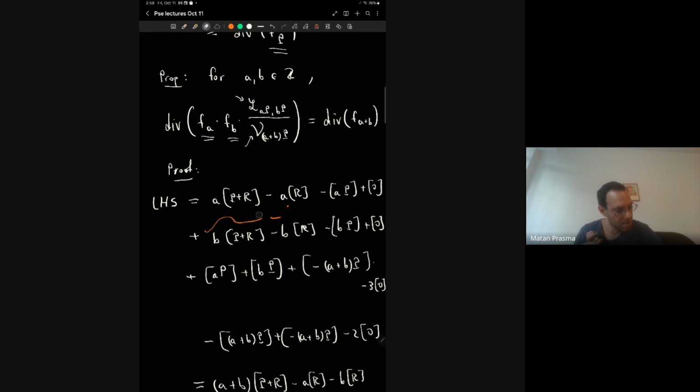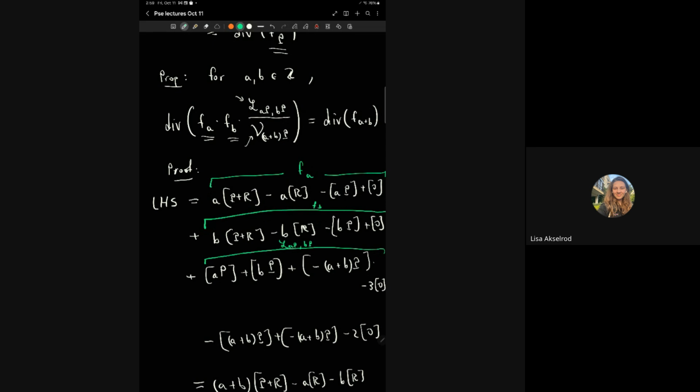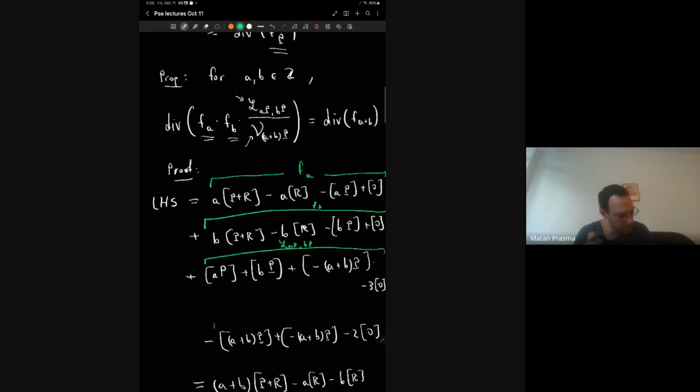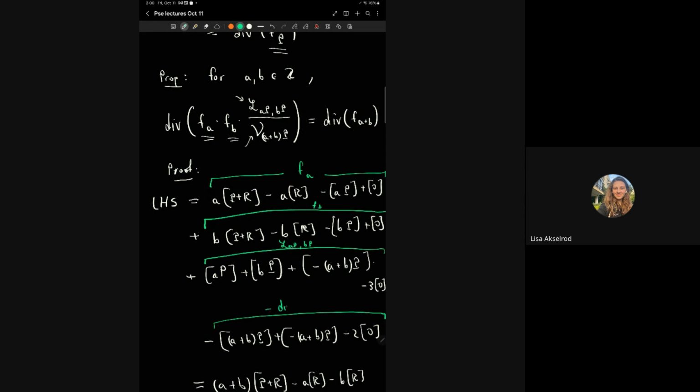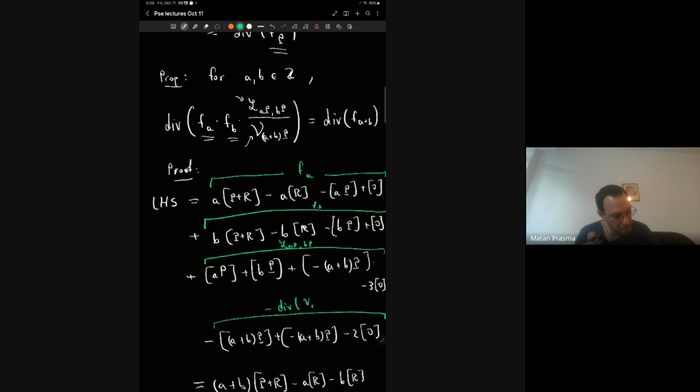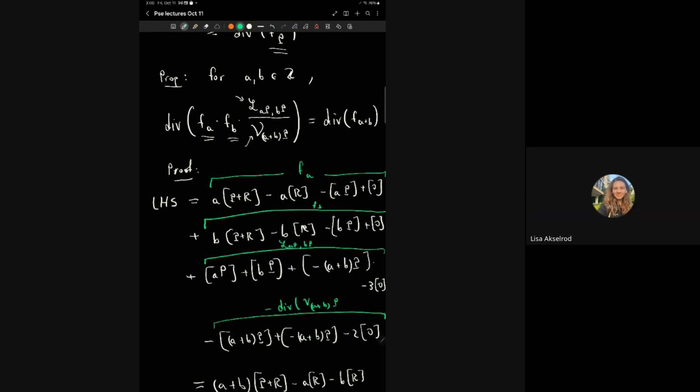Here I should say the divisor of FA is this guy, and the divisor of FB is this guy, and then we have the divisor of L APBP, and the last one is minus the divisor of VA plus P. No, everything is fine.